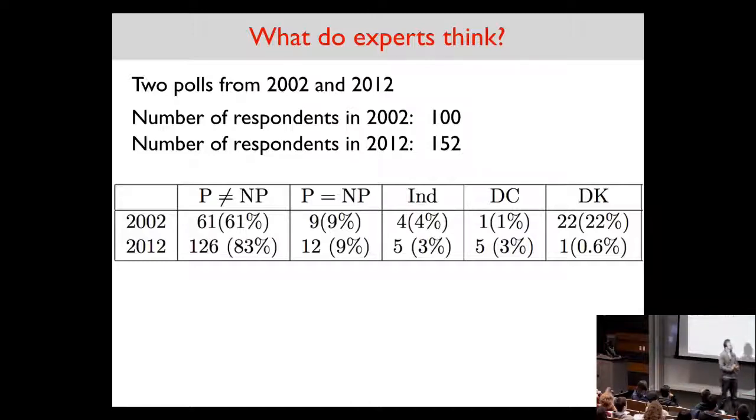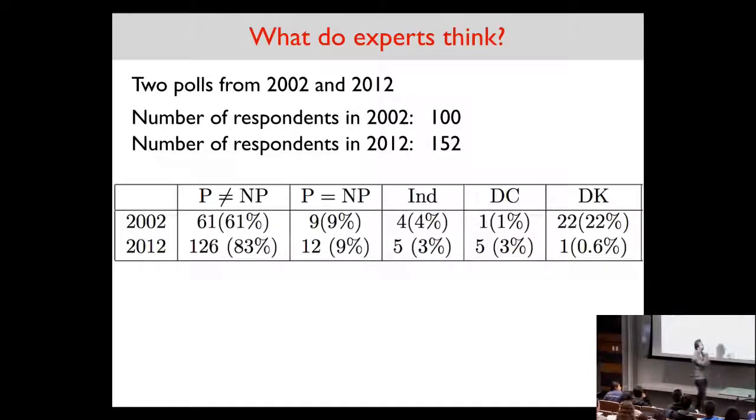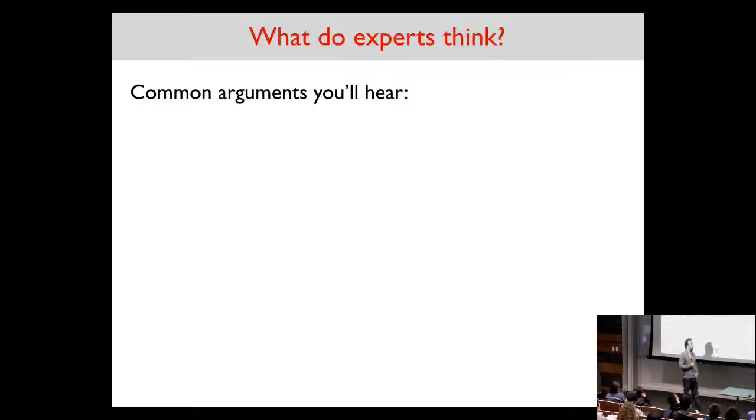I think you'll understand what that means more next week on Thursday. DC is don't care. Some people don't care. And DK is don't know. That's quite remarkable that in 2012, only one person says don't know, but in 2002, it was 22 people, 22%.